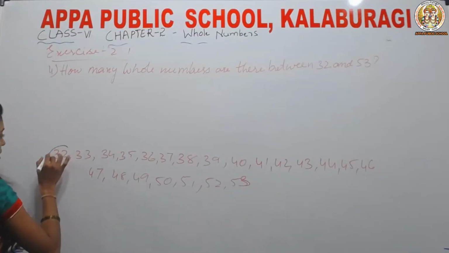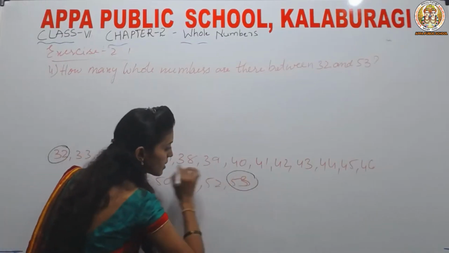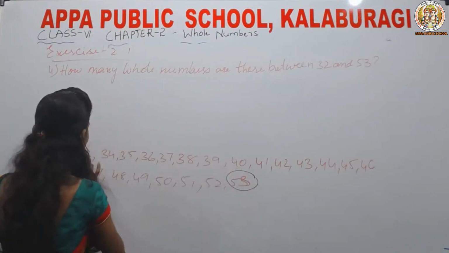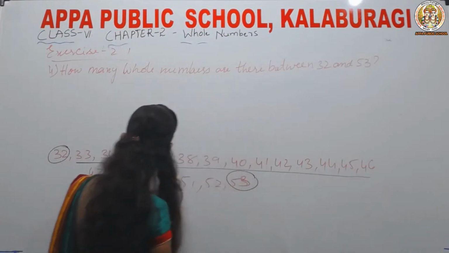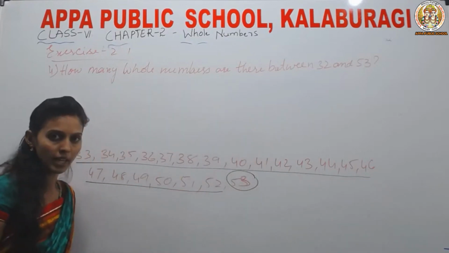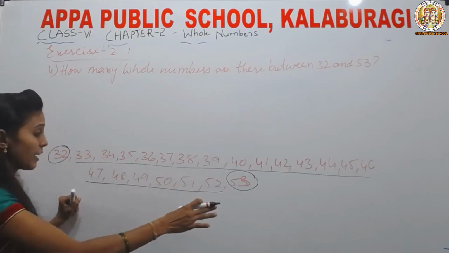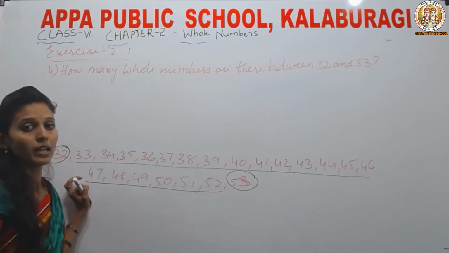Between means these two numbers we are not going to consider, right? These many numbers are there between these two. If we subtract, we'll get 21. In that 21, any one number will be included. If we don't consider these two numbers, we'll get only 20.